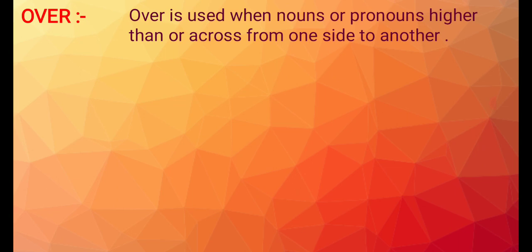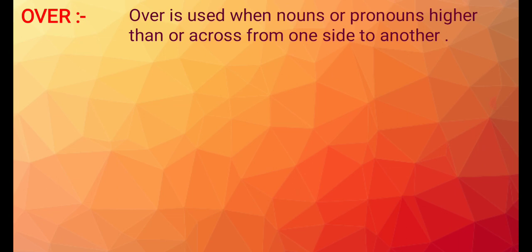Next preposition is over. Over is used when the noun or pronoun is higher than something or across from one side to another. As we know, if an object and another object touch each other at any level, at that time we use on.